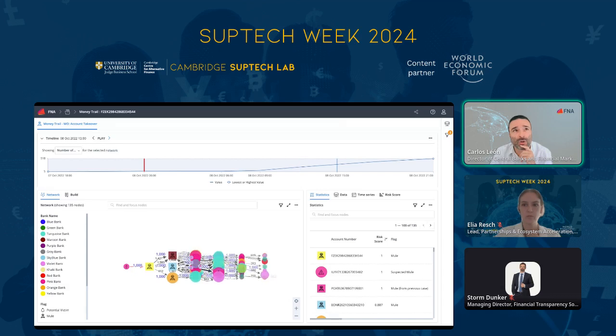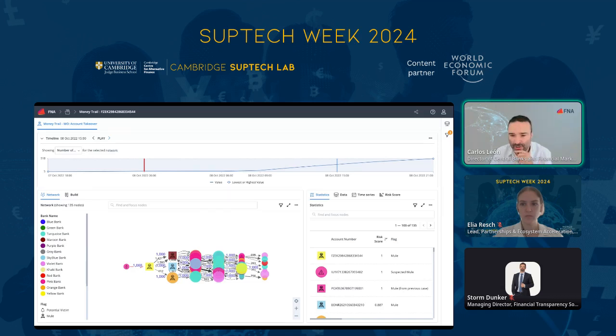So what we have achieved with this, very quickly because my time is running out, is we have decreased the time for the authorities to research and to confirm that a scam or fraud occurred, and it has decreased the time for the authorities to be able to freeze the funds and to recover the funds.